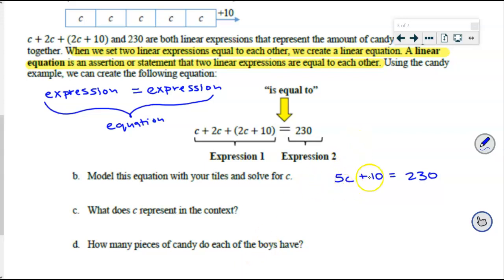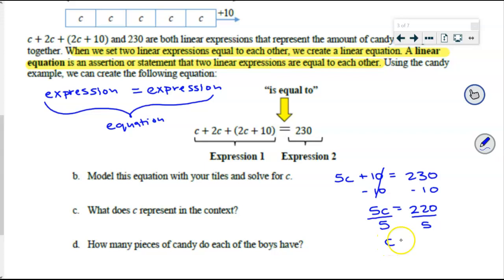What's happening to C? How am I going to undo that? You can see C is first multiplied by 5 and then we add 10. So I'm going to subtract 10 to start. And that gives me 5C, which is equal to 230 minus 10, 220. We're not quite done. We now need to undo the multiplication by dividing.